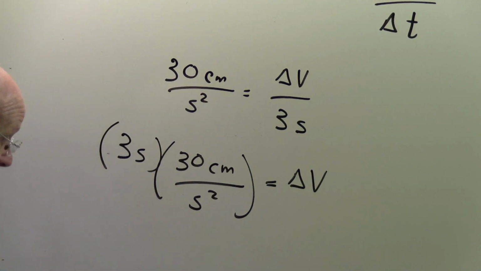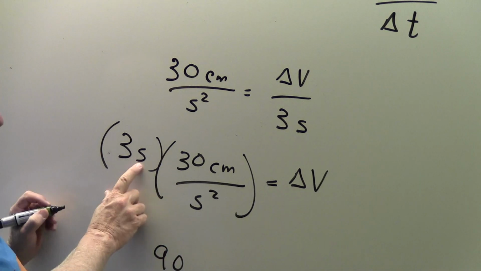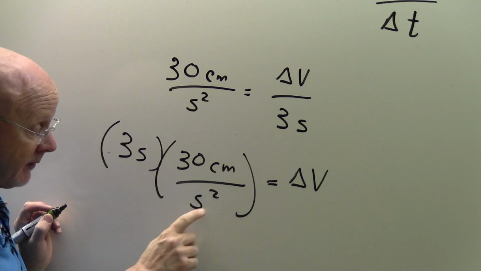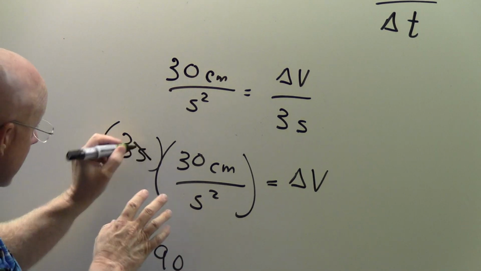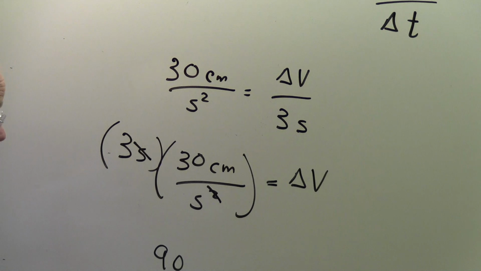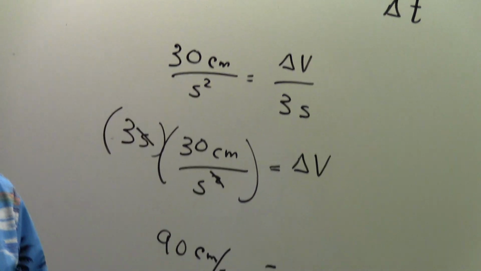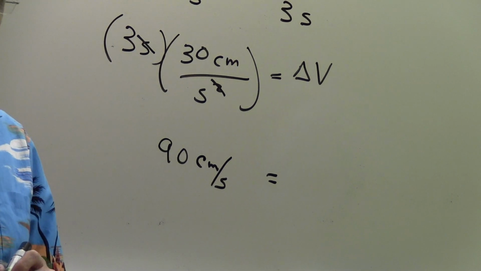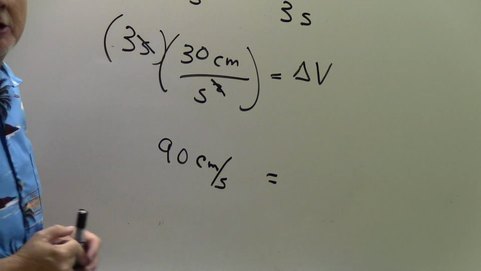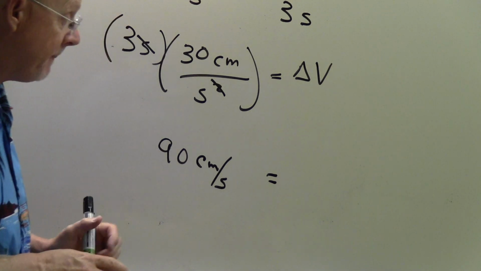The 3 times the 30 is the 90. A second is in the numerator, and then there's a square of them, or 2 of them in the denominator. So I will cancel 1 each, and I will be left with centimeters per second, which, by the way, is good, because I'm asking for the change in speed, and the change in speed should be measured in centimeters per second, and sure enough, it came out to be centimeters per second. So my unit analysis works really well.